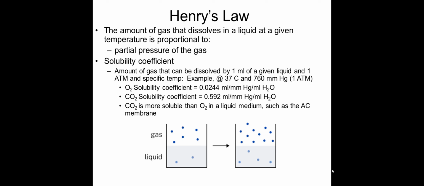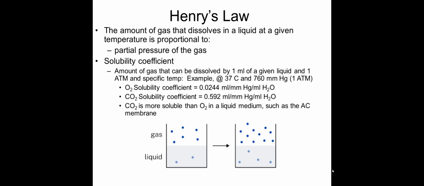Something you might want to memorize, the O2 solubility coefficient is equal to 0.0244 milliliters per millimeters of mercury per milliliters of water. And carbon dioxide, 0.592 milliliters per millimeters of mercury per milliliters of water. Now in this scenario, CO2 is more soluble than oxygen in a liquid medium, such as the AC membrane.